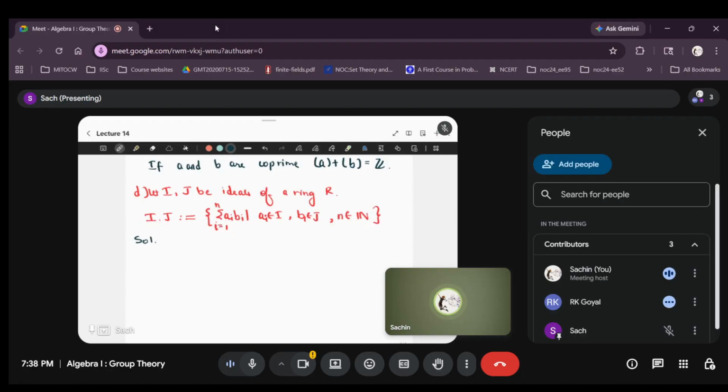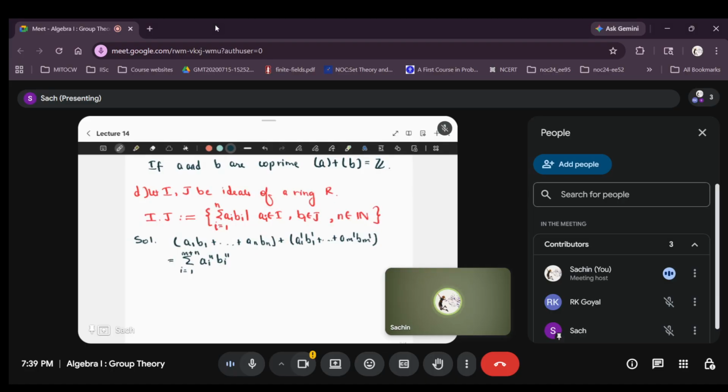So if you take one of the elements of the form A1 B1 plus and so on up to An Bn, and add it to another element of this form, at the end of the day, there will simply be m plus n terms.